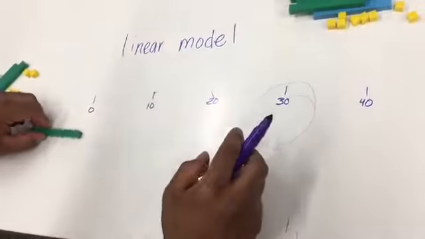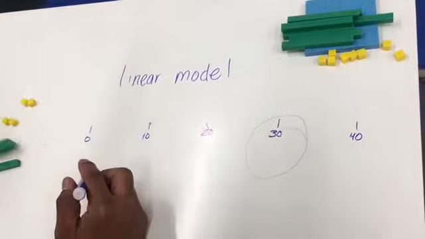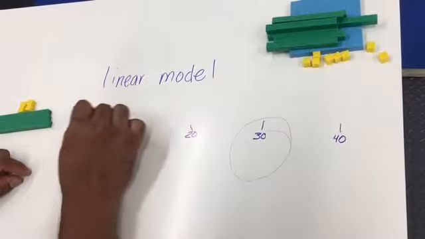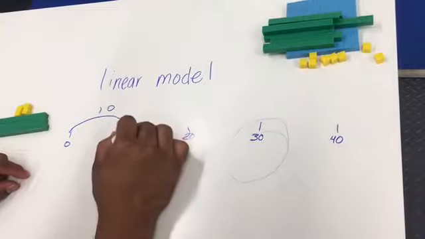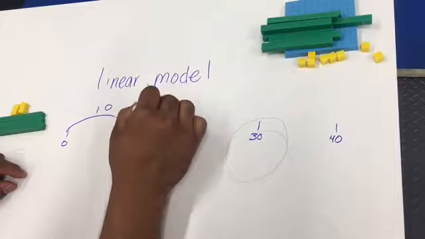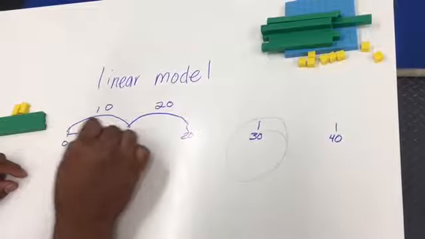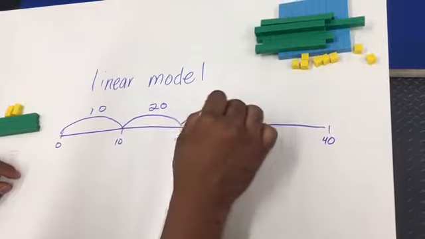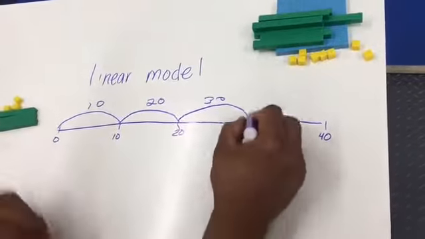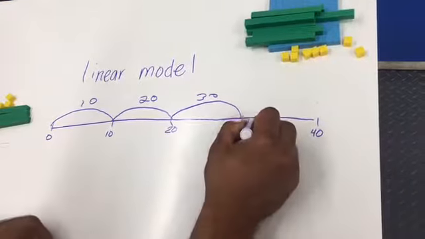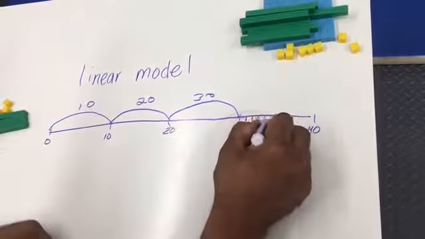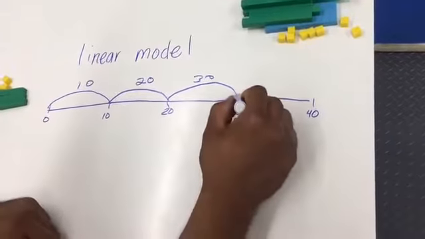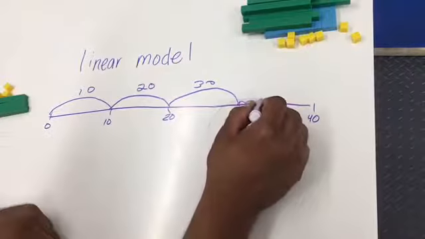Like I said, each one of them had 34, which is 10, 20, 30. Now we're gonna do our 1 unit, 31, 32, 33, 34. Right? 1, 2, 3, 4.